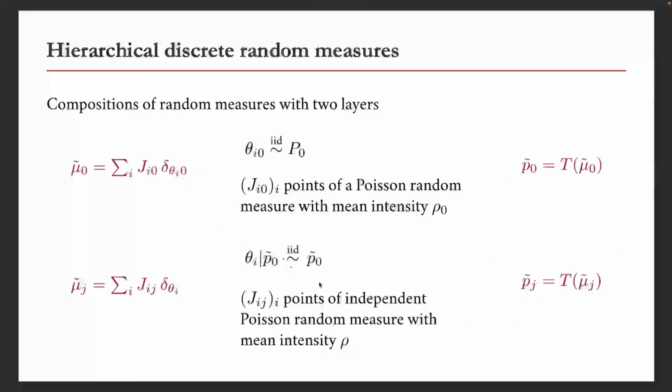Another popular construction, which is very well known in the Bayesian literature, is the hierarchical construction of this type, where we start with a root of the hierarchy, some completely random measure, which you transform to give a random probability measure P0.